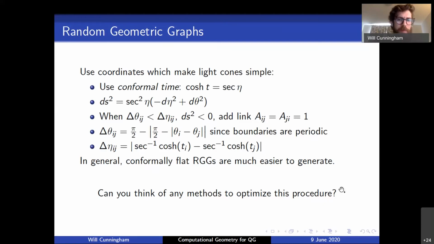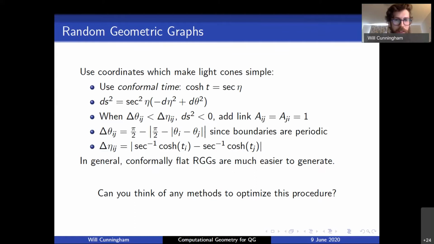There are some easy methods to optimize this. In particular, if you're working with parallel algorithms, you'll notice that these can all be done independently, effectively. All of your points are sampled independently because they are Poisson random variables. That can all be done independently so long as your random number generator is thread safe.